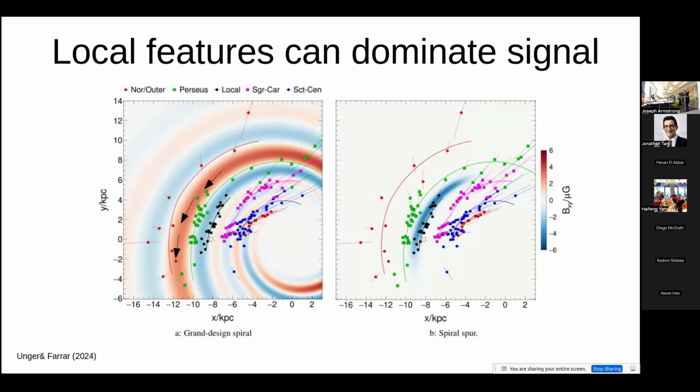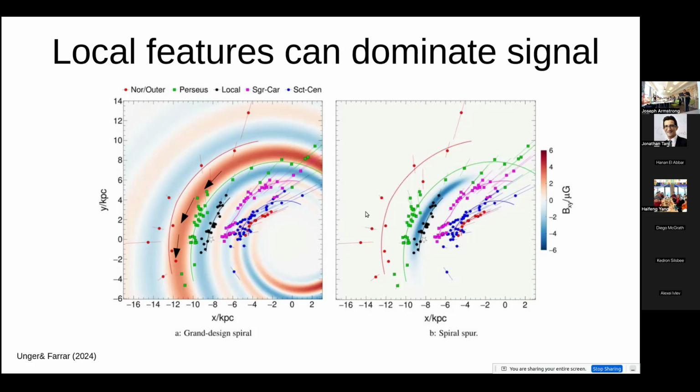The colors show you the strength of the magnetic field in their model. That's the component that's in the disk. And you can see in this model, the magnetic field alternates from clockwise to counterclockwise. The sun is this star over here. The galactic center is here. The overlaid points are masers that are used to fit the spiral arms in the galaxy.